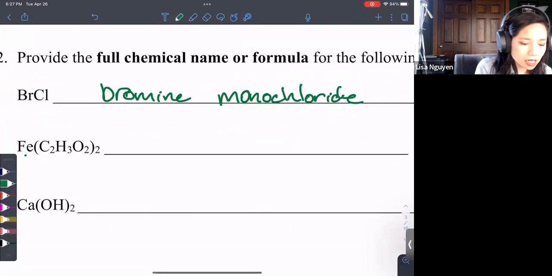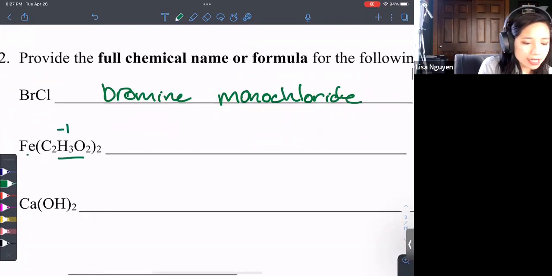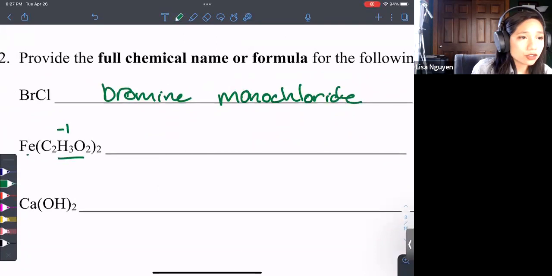So the next one is ionic. I see that this is iron. I like ionic because you just name metal, anion. And this second substance is acetate. It's one of the polyatomics to memorize. And I know acetate is a -1 charge. It's basically the carboxylate version of acetic acid, if you have caught on to that. So that's acetate.